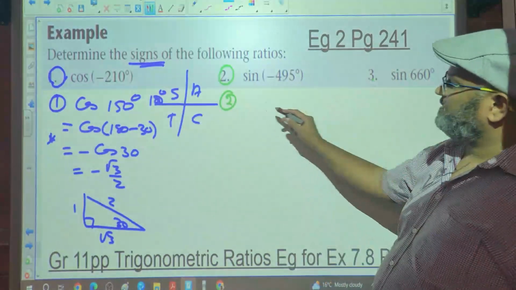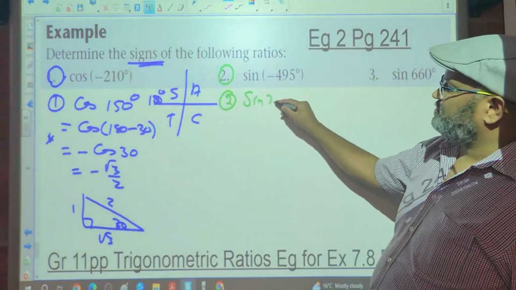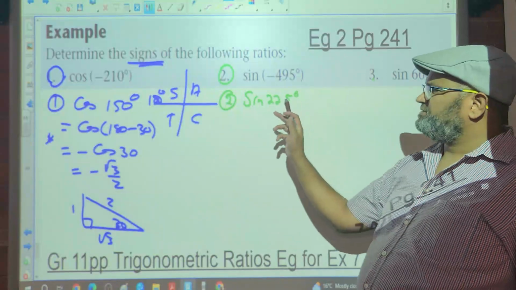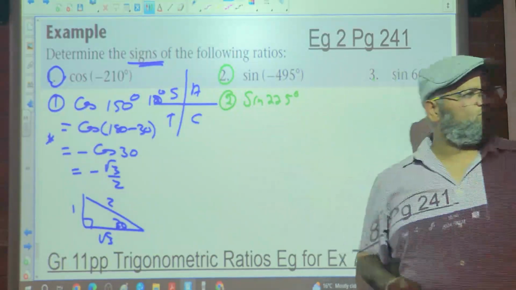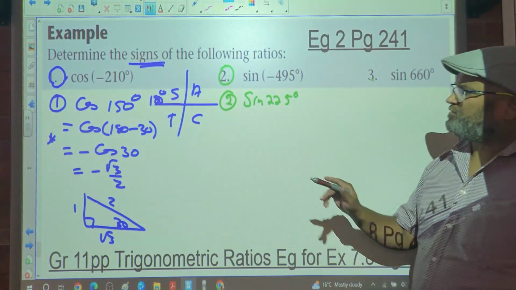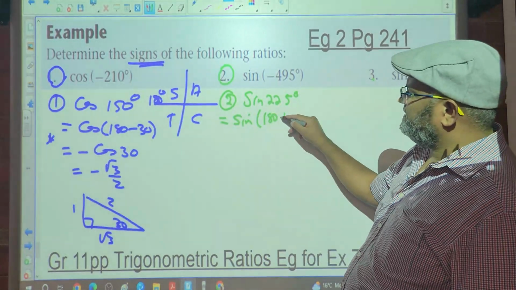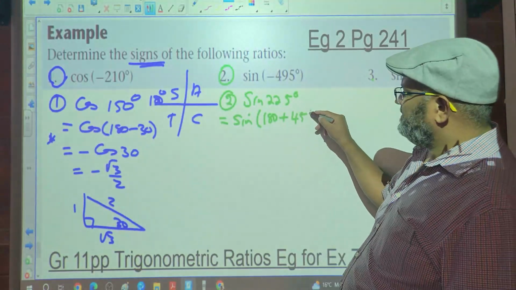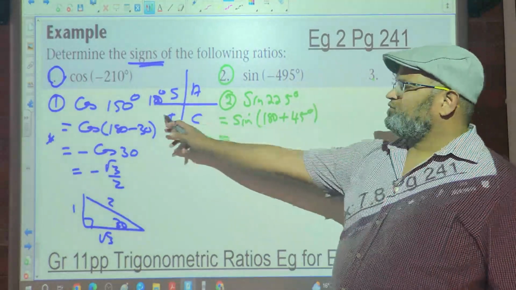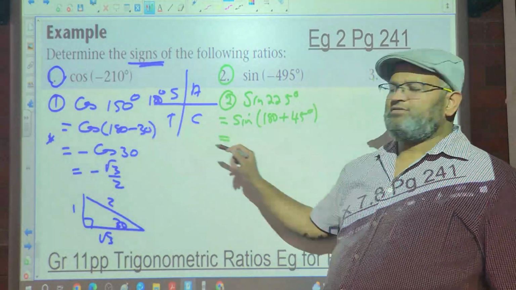So it becomes sine of 225. Which quadrant is 225 in? Third quadrant. How do we get it in the third quadrant? 180 plus 45. Is sine positive or negative in the third quadrant?